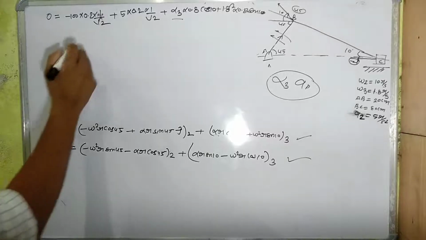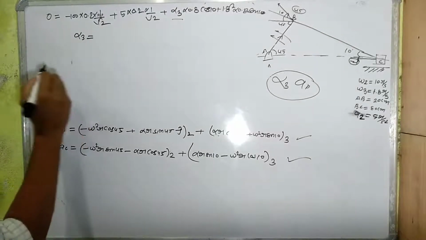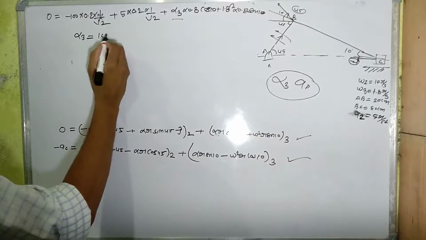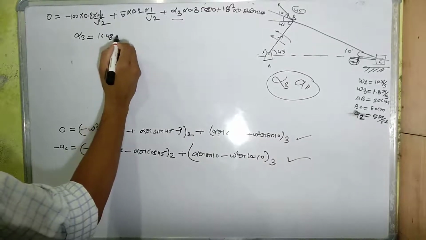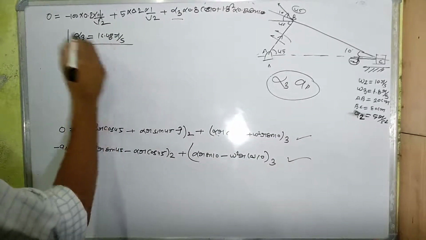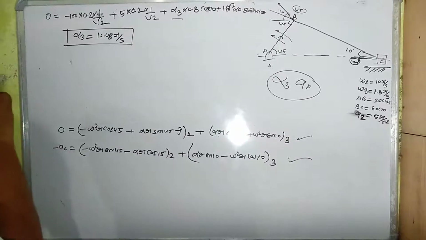So alpha 3 you got 16.48 radian per second, and you have found it positive.